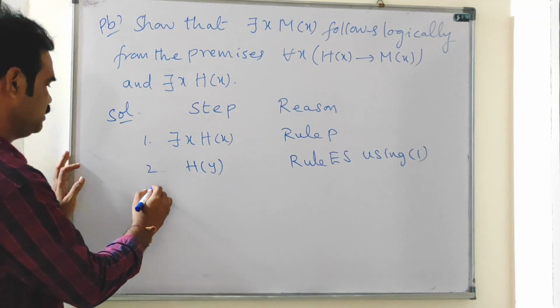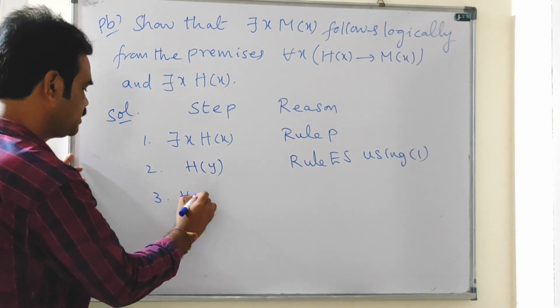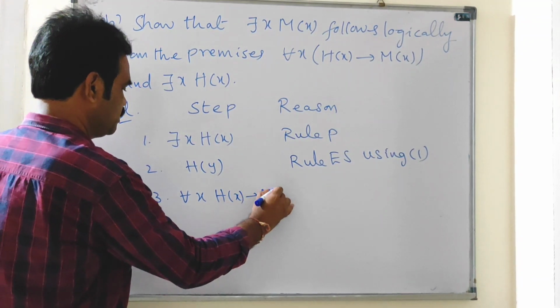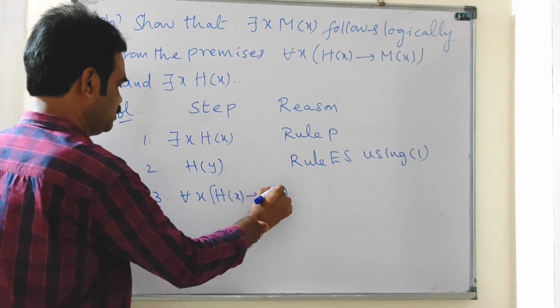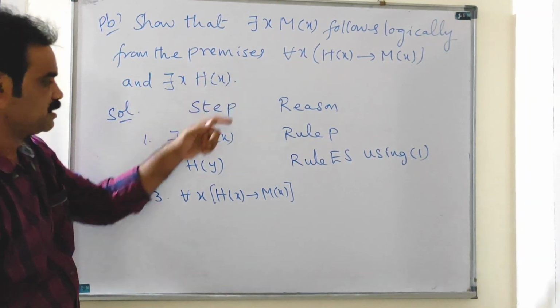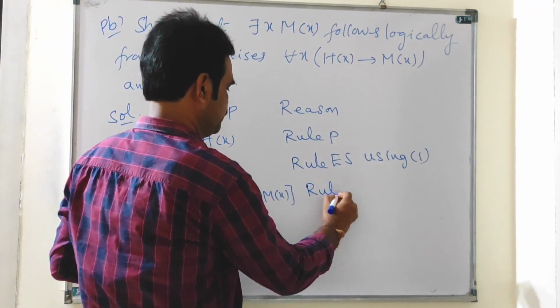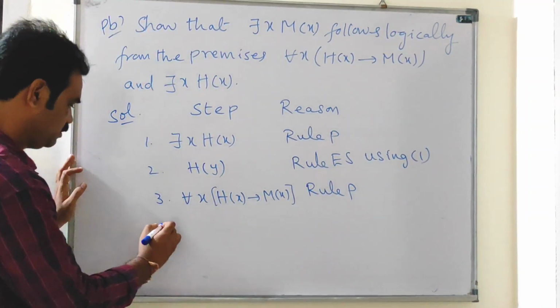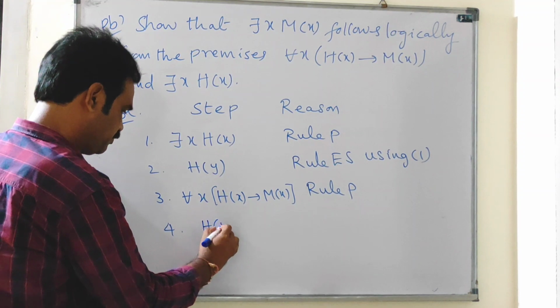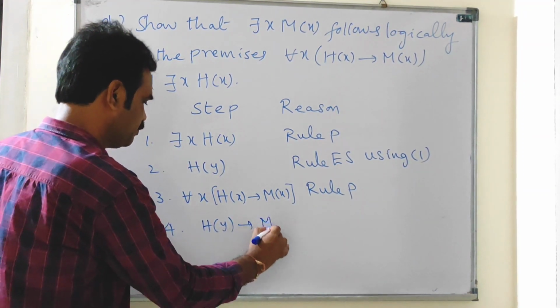Next, for all x H of x implies M of x. This is in given premises. That's why rule P.